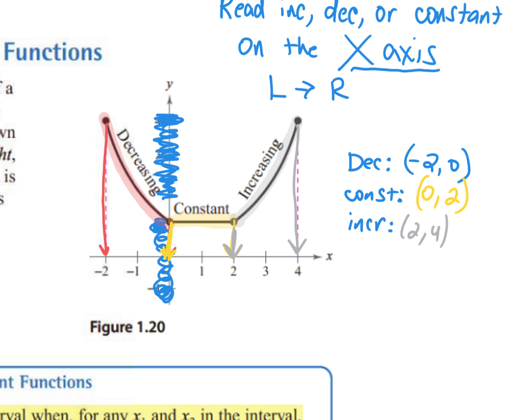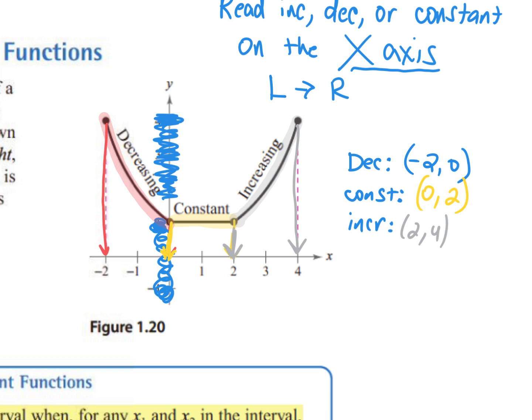From 2 to 4. Now I used parentheses. Why did I use parentheses? Anybody know? You can't decrease and be constant at the exact same time. So if you use a bracket, it's saying that the graph is decreasing and then becomes constant simultaneously, which doesn't happen. At some point, there has to be a shift from decreasing to constant or from constant to increasing.